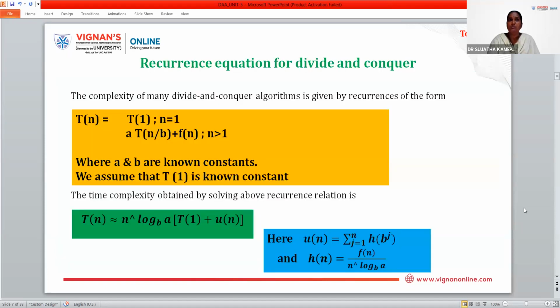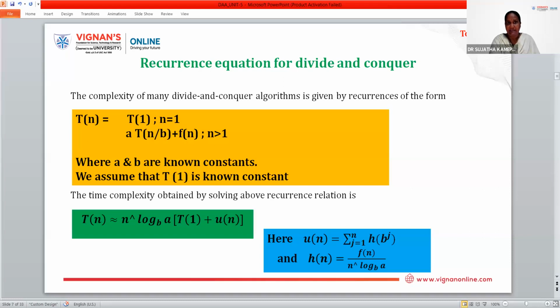Coming to the recurrence relation for the divide and conquer method, what is the purpose of recurrence relations? In the context of divide and conquer algorithms, recurrence equations describe the time complexity of solving a problem of size n in terms of the time complexity of solving smaller subproblems.